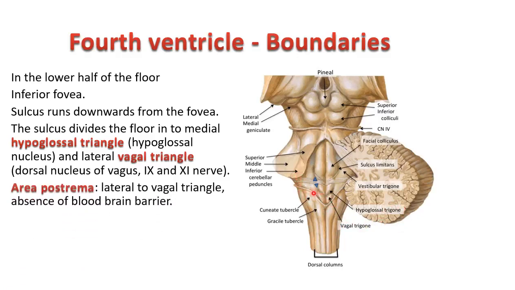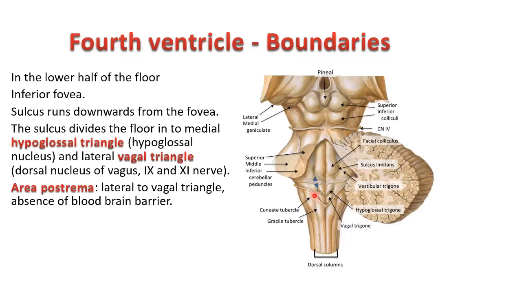Then deep to the vagal triangle you have the dorsal nucleus of the vagus. Lateral to the vagal triangle you have an area called the area postrema, with highly modified neuroglial cells.